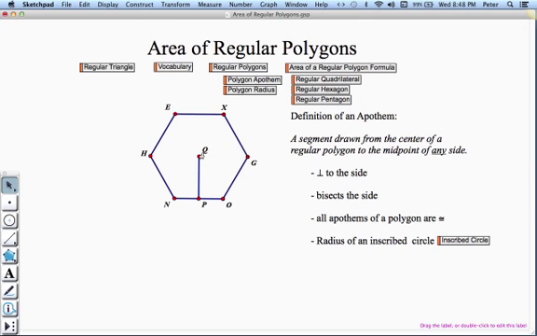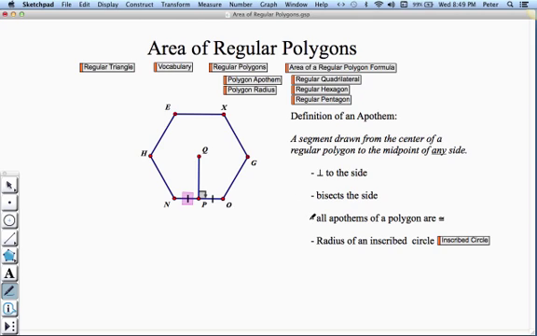So in other words, QPO is going to be a right angle. It's going to bisect the side. So NP and PO are going to be congruent because P is a midpoint. All apothems of a polygon are congruent. So if I drew the apothem from Q to OG or from Q to XG, those would all be congruent, just like radii of a circle are all congruent.